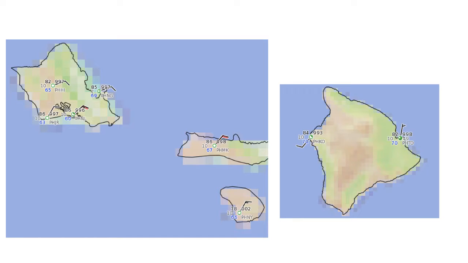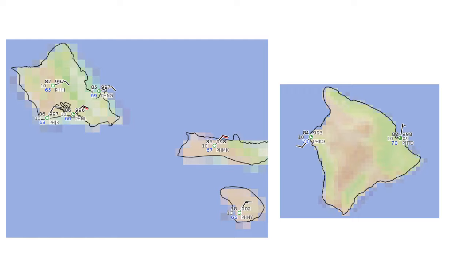Now looking at some of the graphical depictions of METARs locally, I am still in Hawaii, so I would look at the local METARs across the Hawaiian Islands, and it's relatively clear.